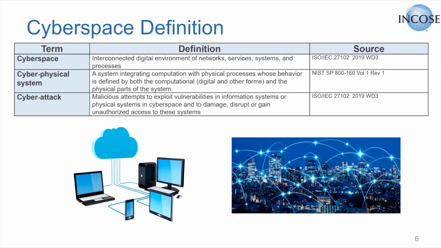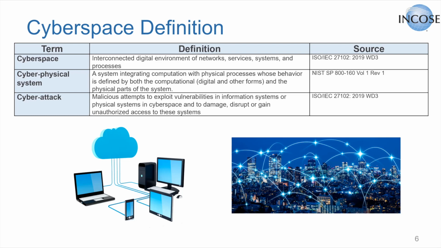Now let's talk about cyberspace. When we talk about system security, it's about all aspects of securing the system. And when we talk about cyberspace, that has brought in a different focus where we're looking at how the digital environment that's connected with networks and servers and systems and processes is part of the system. So when we talk about a cyber physical system, we're talking about a system that is integrating both the physical processes and software.